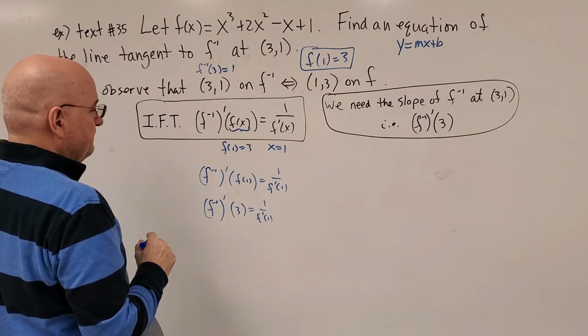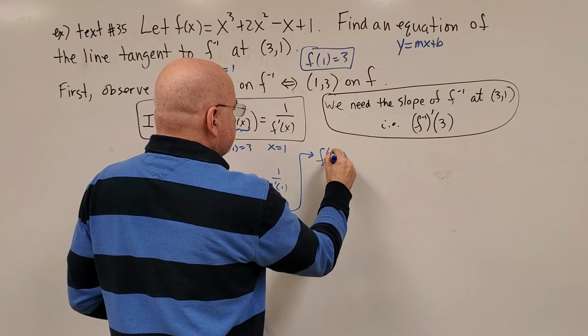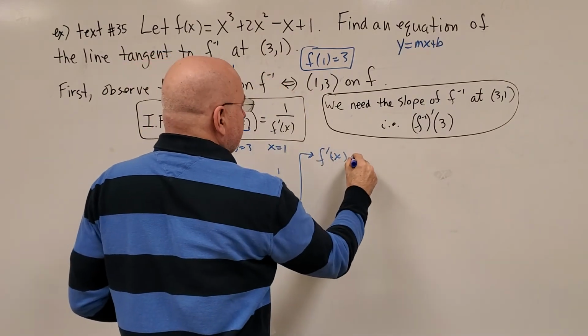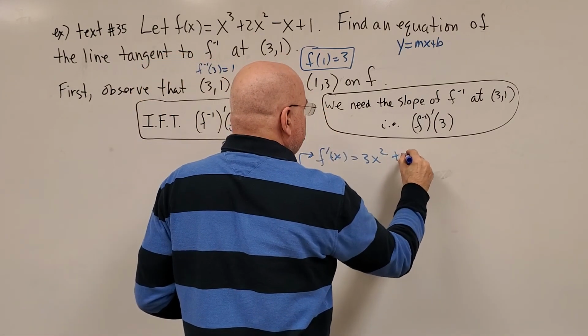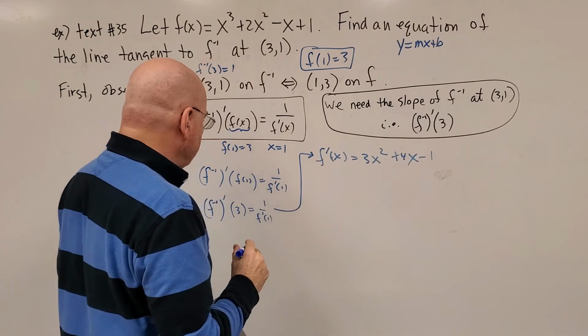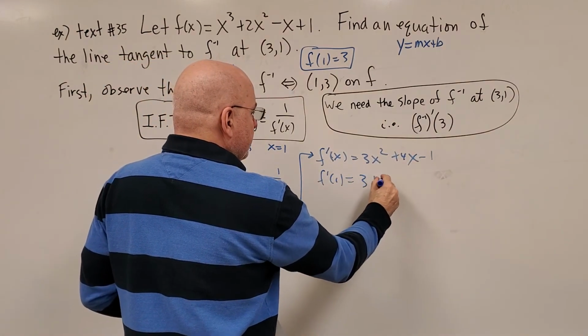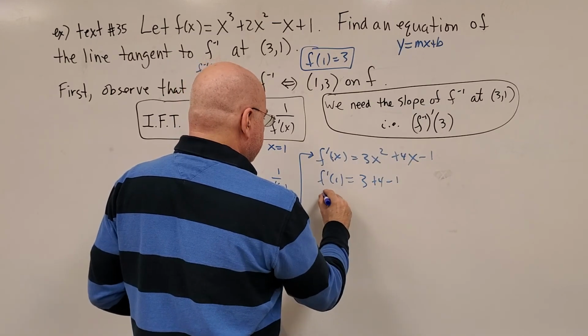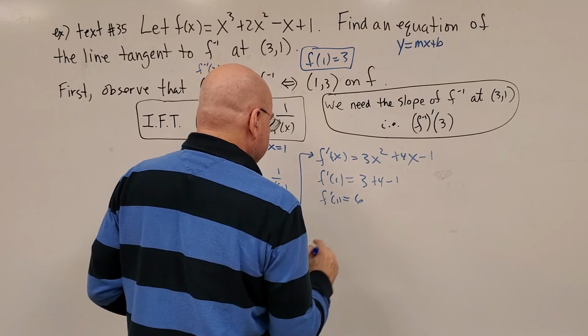That's easy to do. f prime of x is equal to 3x squared plus 4x minus 1. So f prime evaluated at 1 would be 3 plus 4 minus 1. f prime of 1 equals 6.